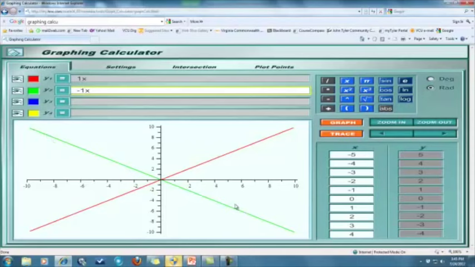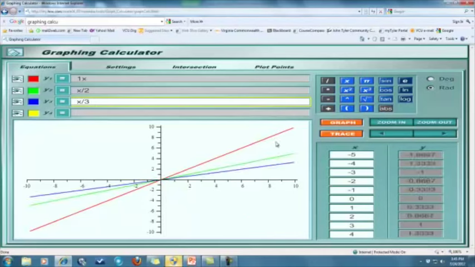Now, just for the sake of comparison, let's look at some fractional slopes. We'll keep our line with a slope of 1 again, and now we'll graph a line with a slope of 1/2 and a line with a slope of 1/3. Let's watch these as they come in on the screen. Here's our line with a slope of 1.